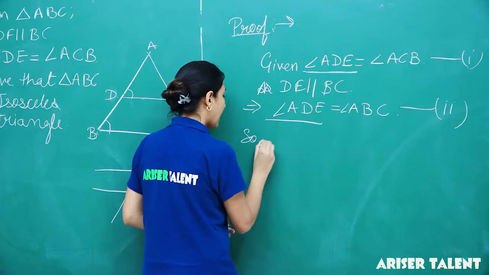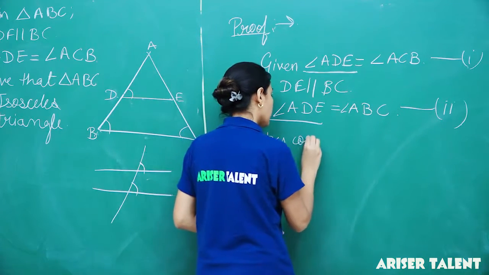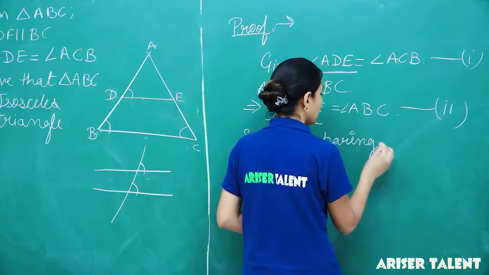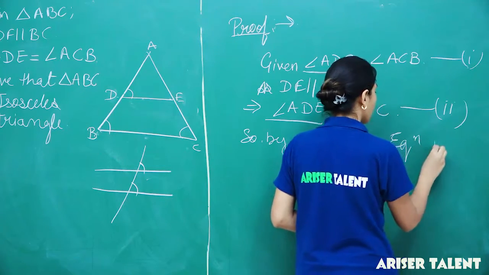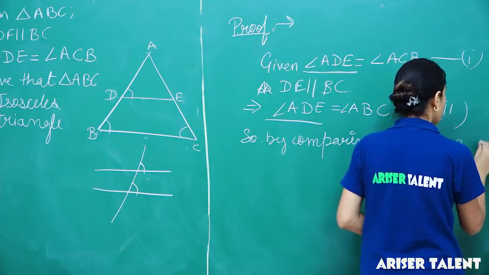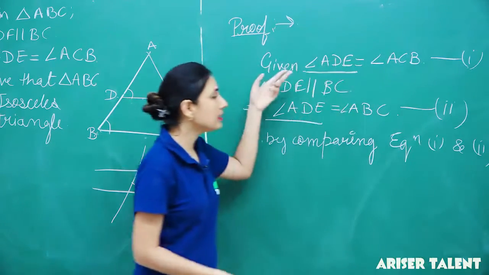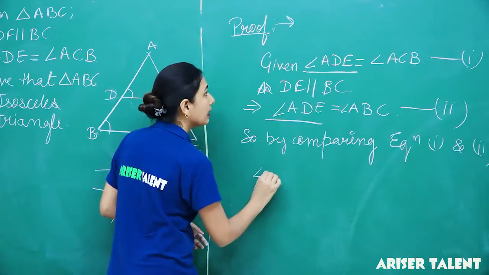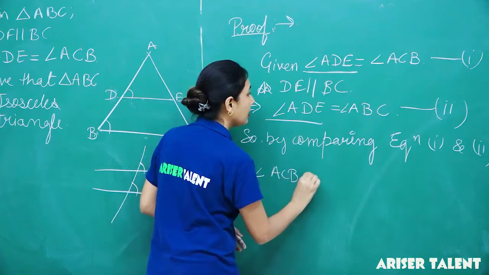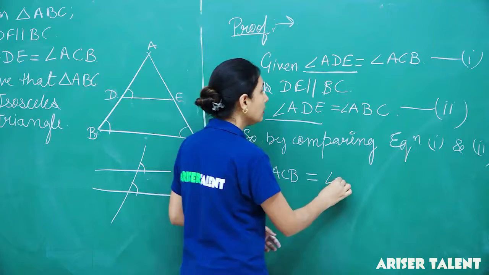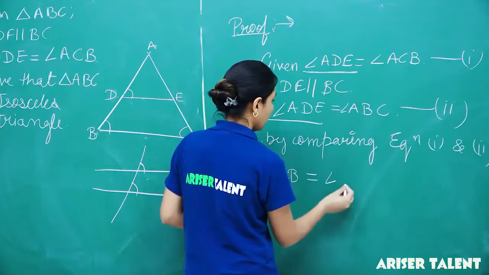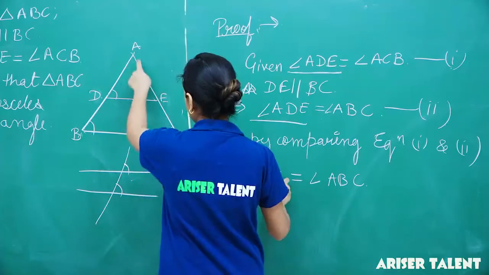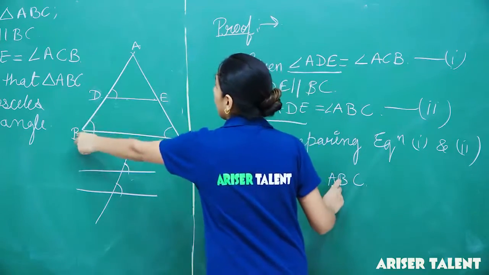So, by comparing equation 1 and 2, by comparing this equation to this equation, what we can say is that angle ACB is equal to angle ABC.